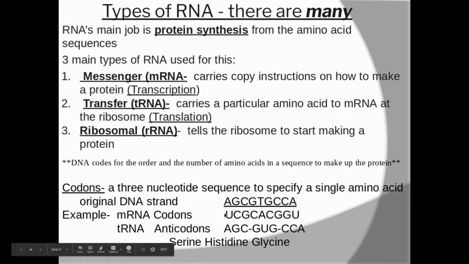A binds to U, G binds to C, C binds to G, G binds to C, T to A. You can always write A's in RNA, but you're never allowed to write a T. And so this last A would normally bind to a T, but you have to substitute U. This is your messenger RNA code.